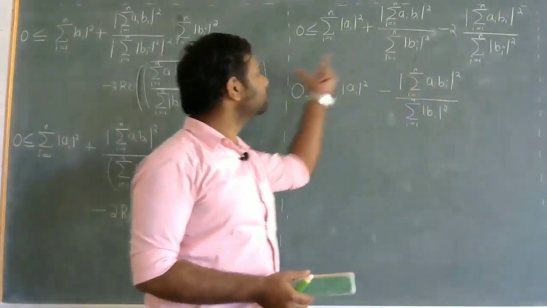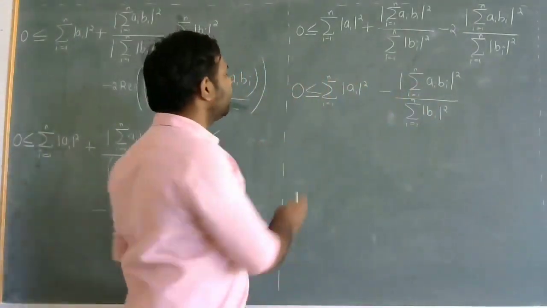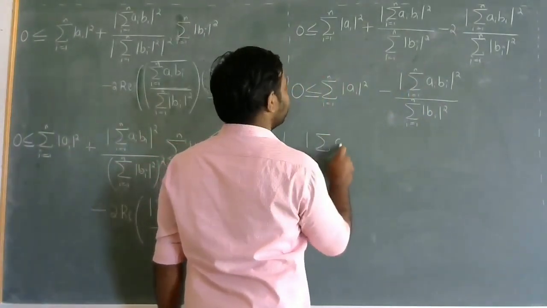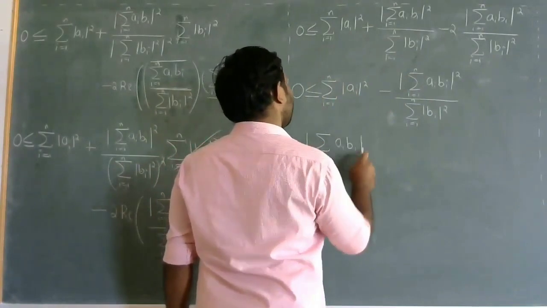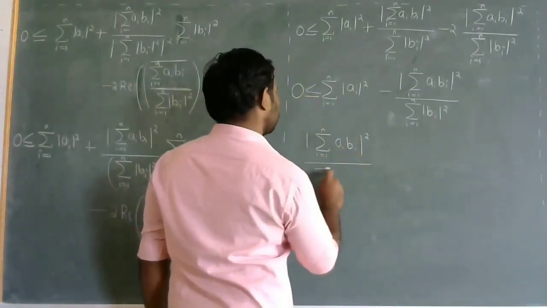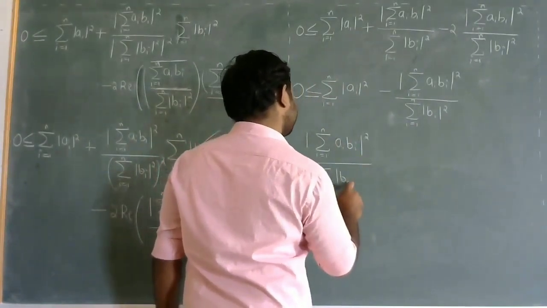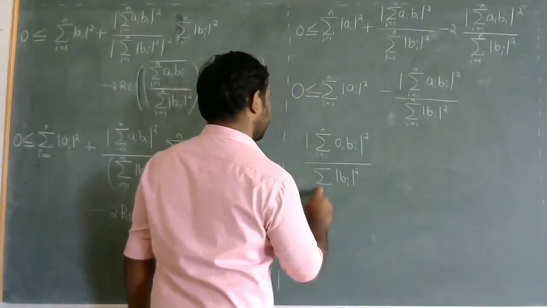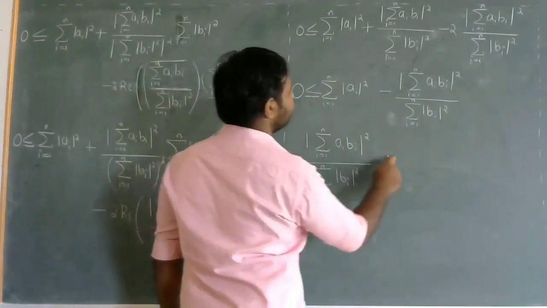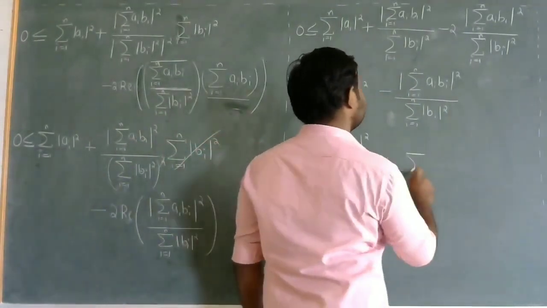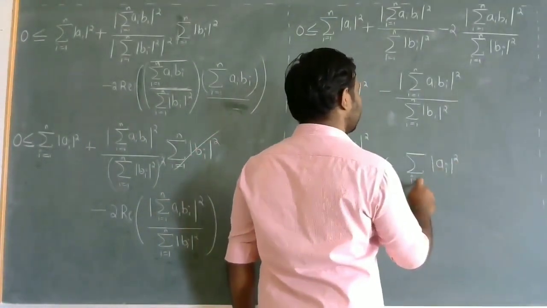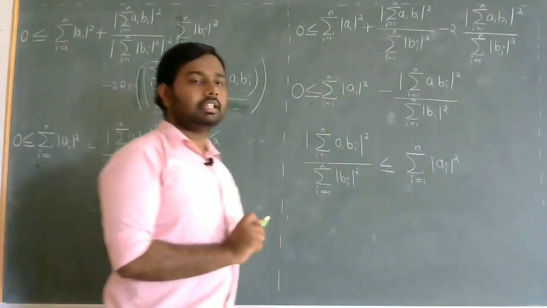Now take this negative term to the left hand side. So modulus of summation ai bi whole square divided by summation modulus of bi square, i running from 1 to n, is less than or equal to summation modulus of ai whole square, i running from 1 to n.